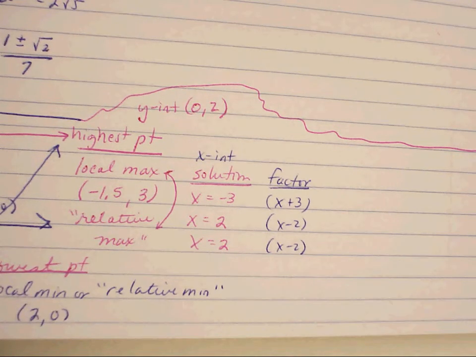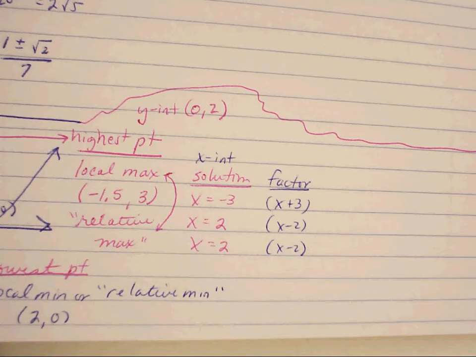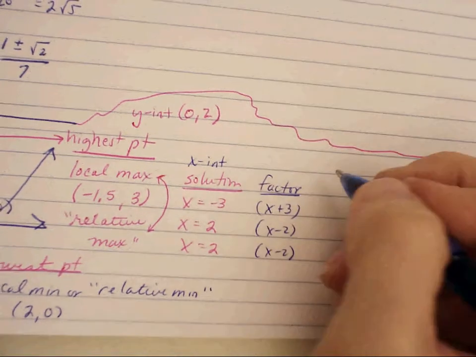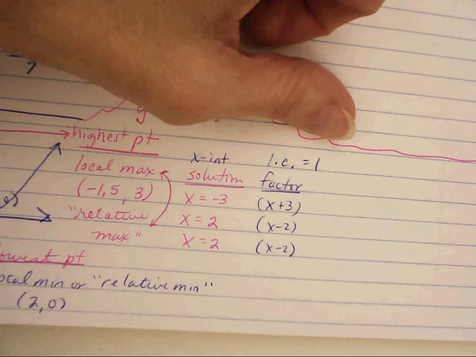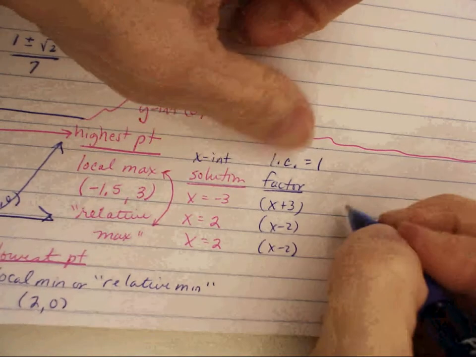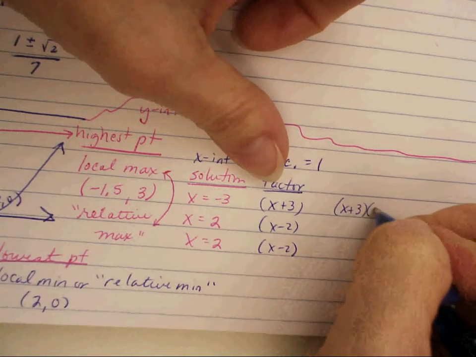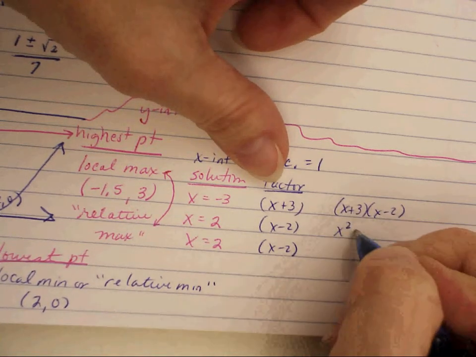All right, let's figure out the actual polynomial function that it is. So how am I going to do that? Help me, Britta. What would I do with the factors to get a polynomial? And then what do I do with them? How many at a time?